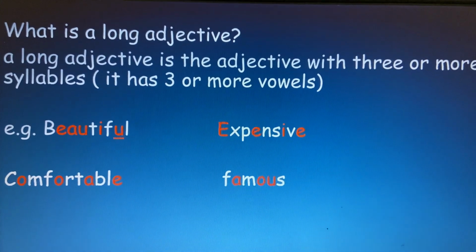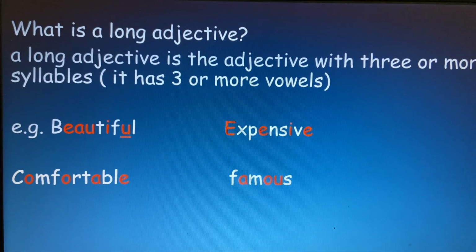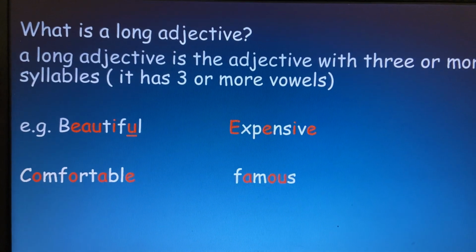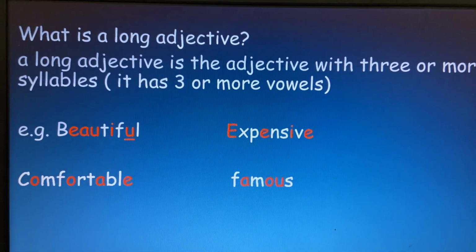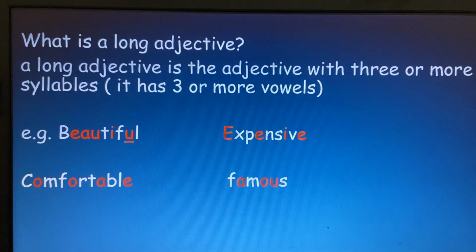Number 2, expensive. It has 4 vowels, so it's a long adjective. Number 3, comfortable.